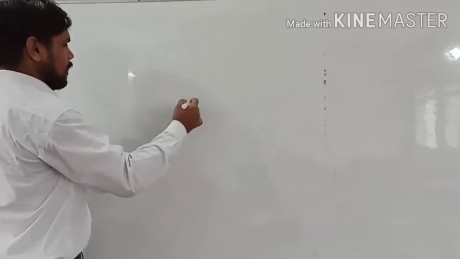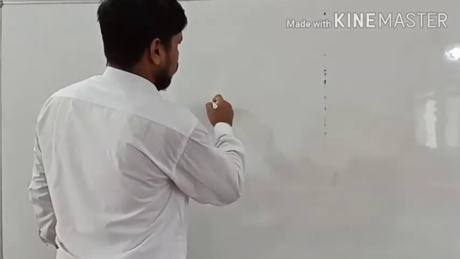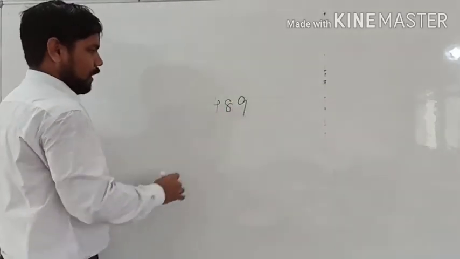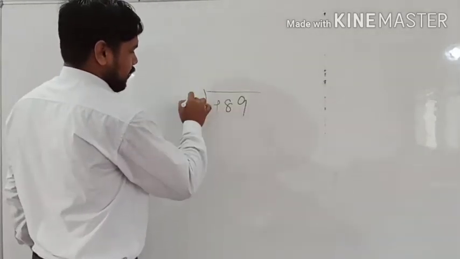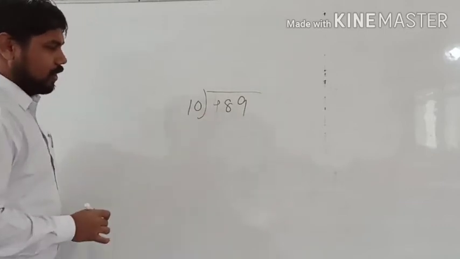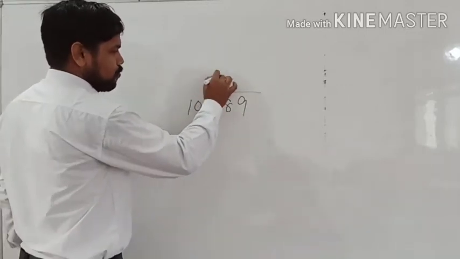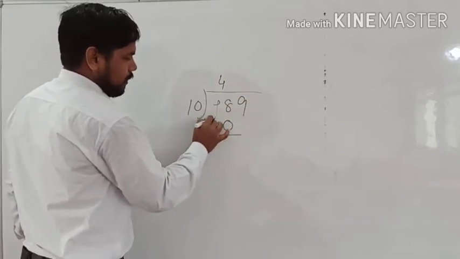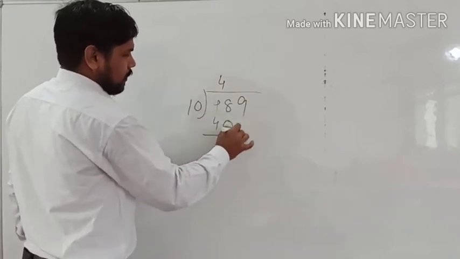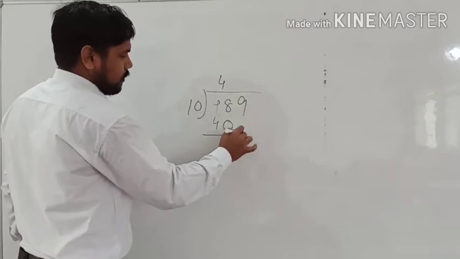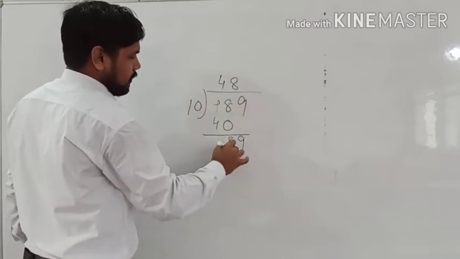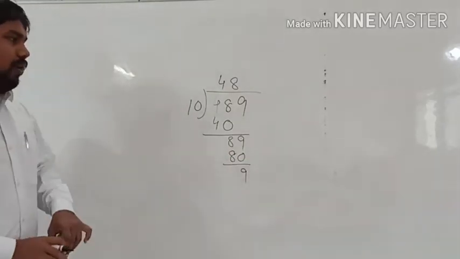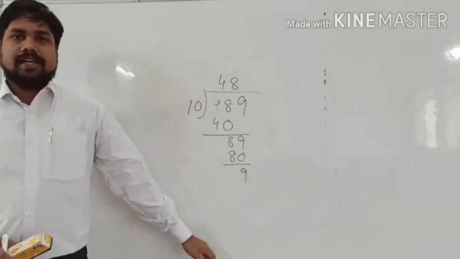Suppose I am asking to divide 489 by 10. Normally we will divide: 10, 4 times is 40. Then 8 and this 9 will come, so 8 times 10 is 80 and this 9 is the remainder. So we will follow this process, right?